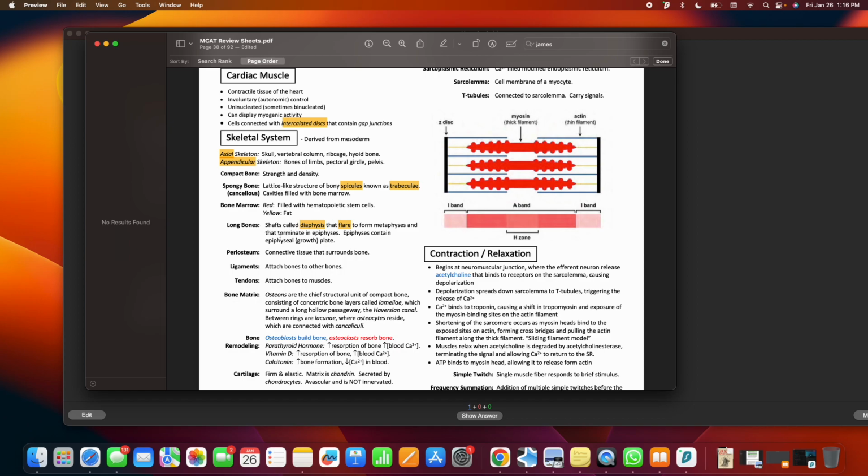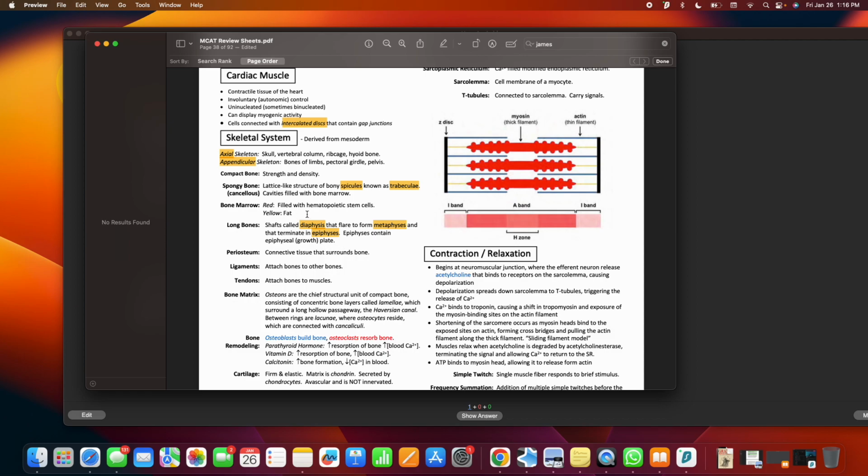So these shafts called diaphysis flare to form metaphysis, and that terminate in epiphysis. Epiphyses contain the epiphyseal growth plate.